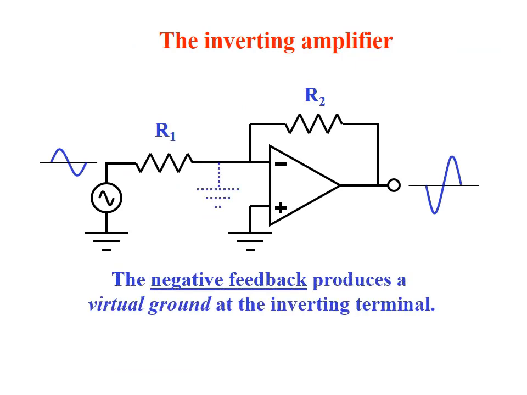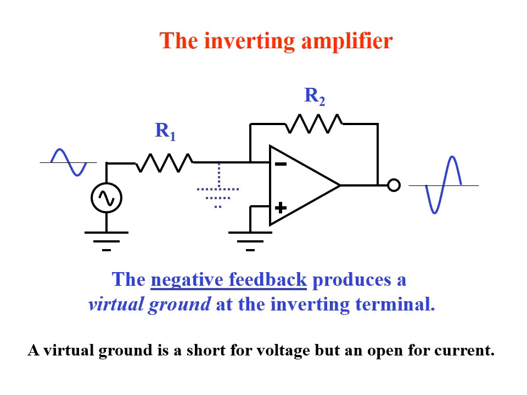The inverting amplifier. One of the most common applications for the op-amp is to be used as an amplifier, and one of the most popular amplifiers available is the inverting amplifier. In the inverting amplifier, we have a closed loop gain.